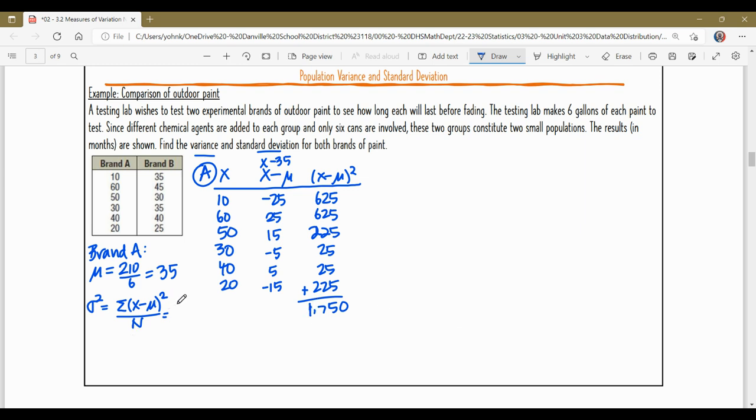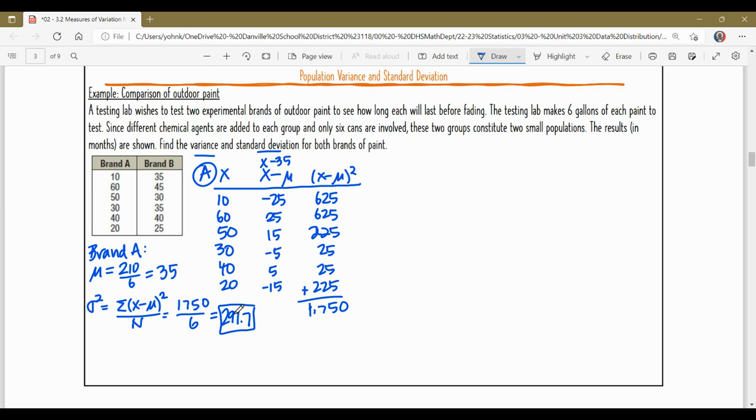So that's going to go over here, 1,750. And I have 6 numbers that I am finding the variance for. And that's going to give me 291.7. The rounding rule says to round to one more decimal than the data. So since my data have no decimals, my variance is going to have 1.